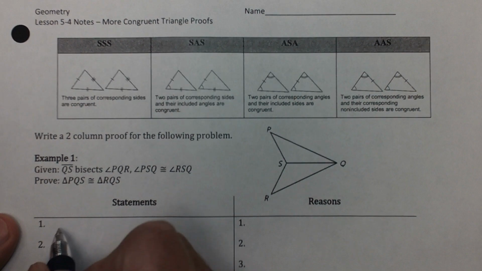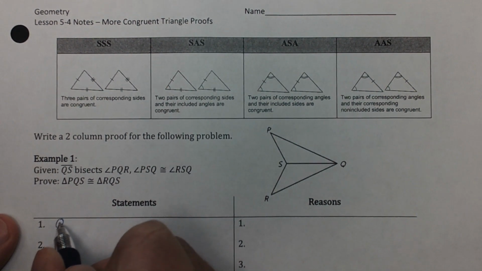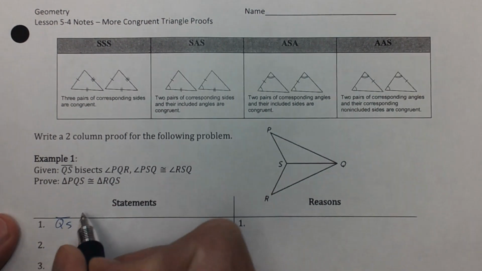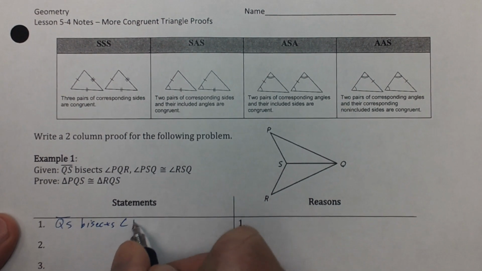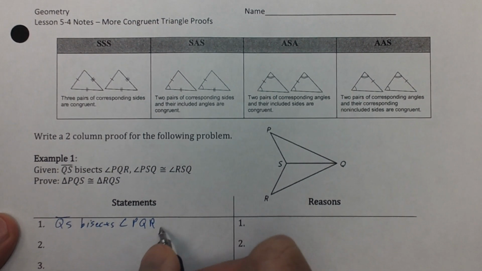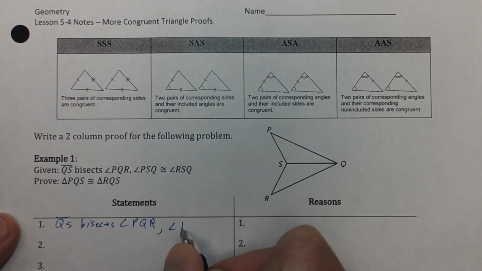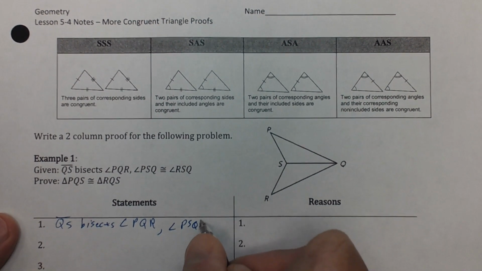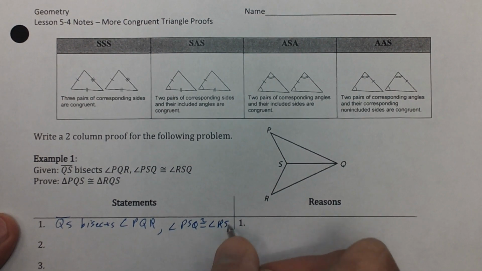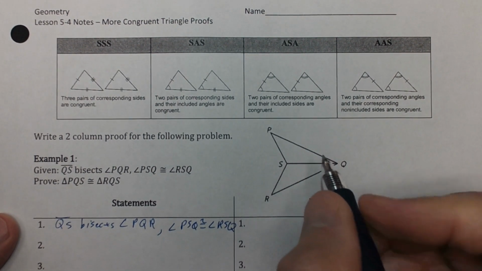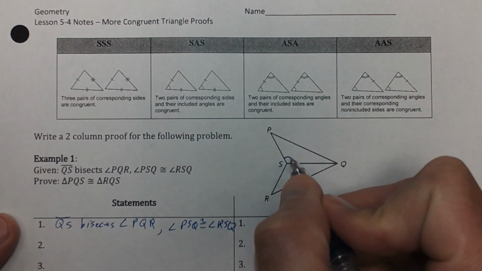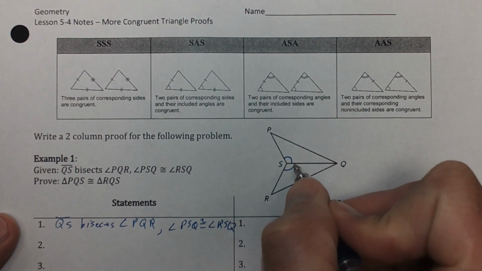So let me go ahead and copy that down. Segment QS bisects angle PQR, and angle PSQ is congruent to angle RSQ. I'm going to go ahead and mark those. So PSQ is right here, RSQ is right here.